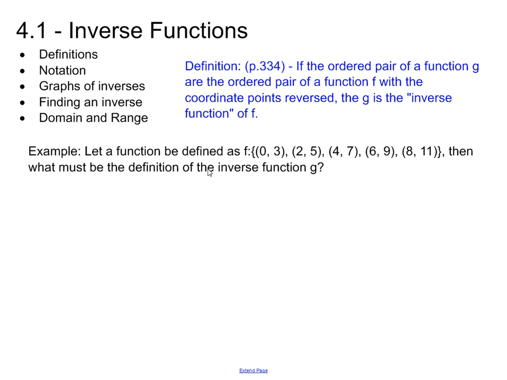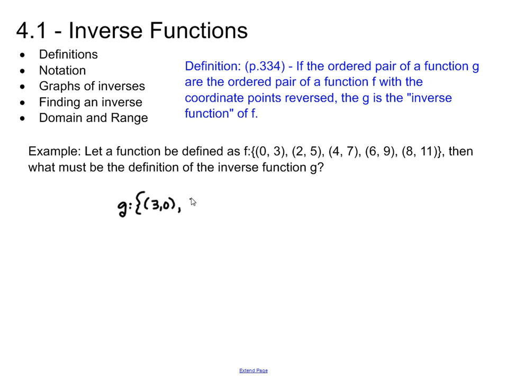Let's say that f of x is the kind of function that is defined by the ordered pairs 0, 3, 2, 5, 4, 7, 6, 9, and 8, 11. Well, if f and g are inverses, then by this definition, we should be able to write the function g of x by simply reversing the ordered pairs. So in other words, if g of x is the inverse function of f of x, then instead of 0, 3, we'll have 3, 0.